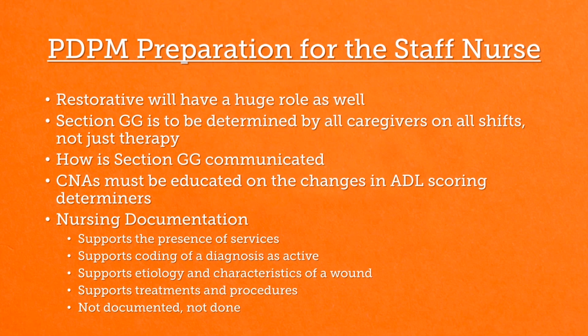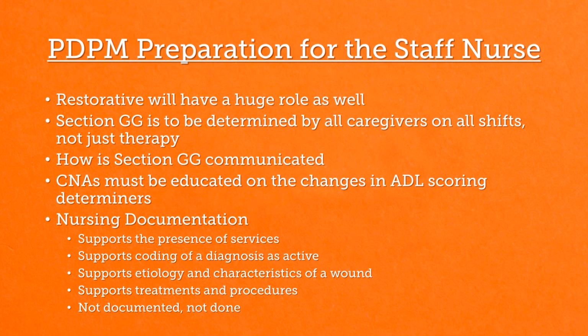And then when we're talking about Section G and Section GG, currently our nurse aides have a very important role in Section G in determining ADL scoring. Section G, we know at some point will go away and we will be left with GG. And CMS hasn't announced when that's going to be, but they've indicated it will be at some point.